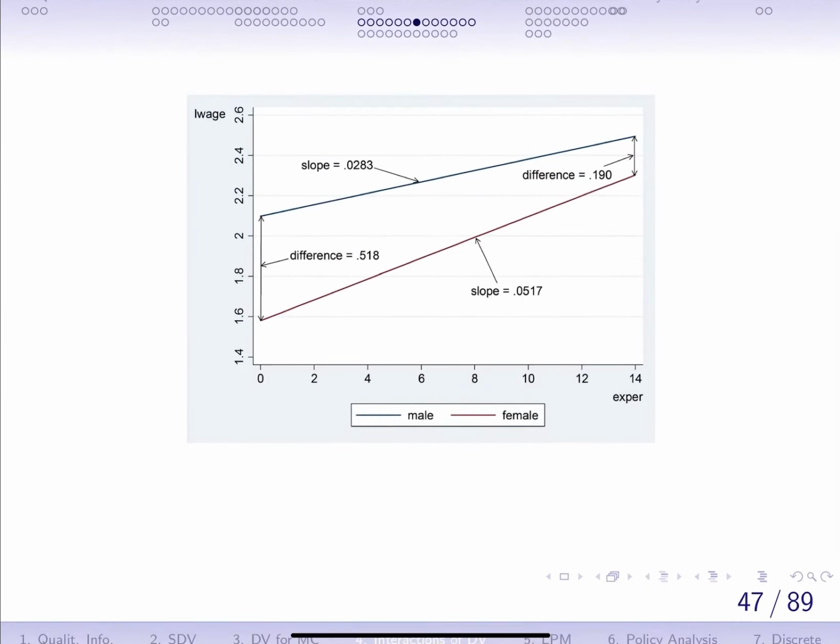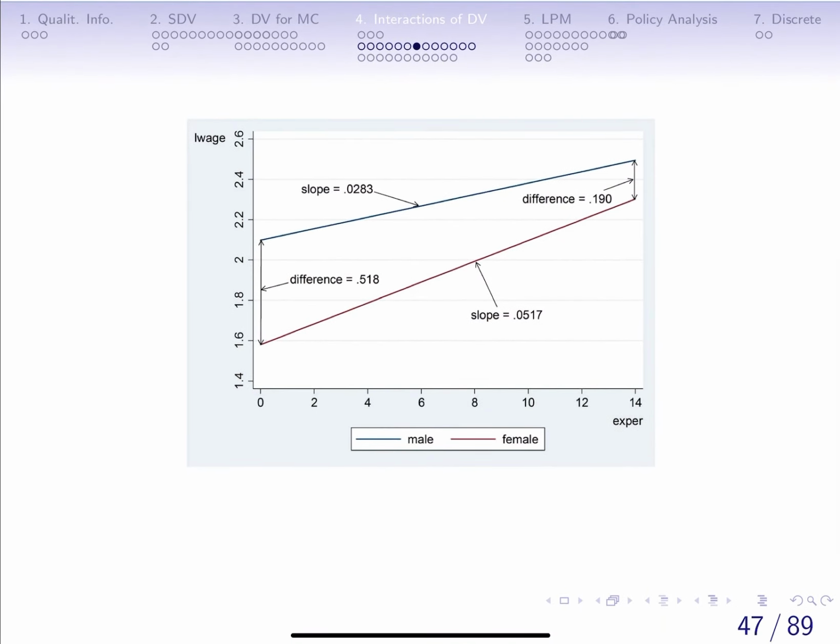Okay, so we could plot something like this and understand what we've done. We basically are saying that if men are the blue line and female are the red line, right, then that difference is less and less, and you could calculate that at different levels of experience. So you can see what is it at 2 years of experience versus 8 versus 10, and you can see that that gap is closing.